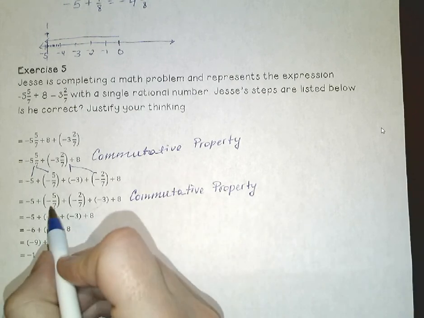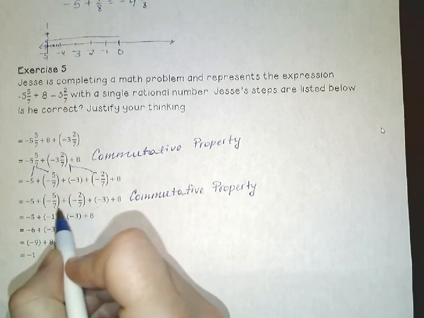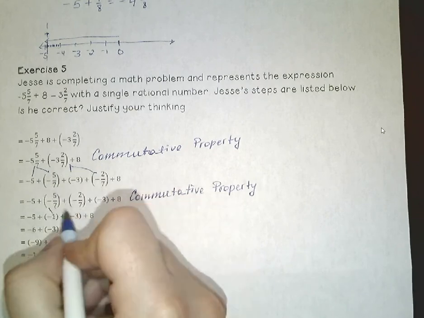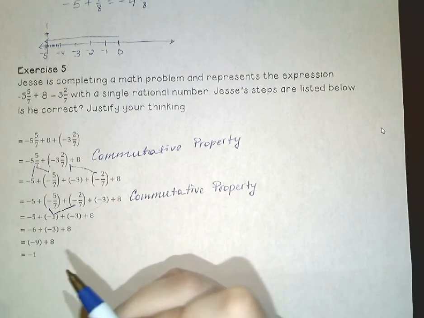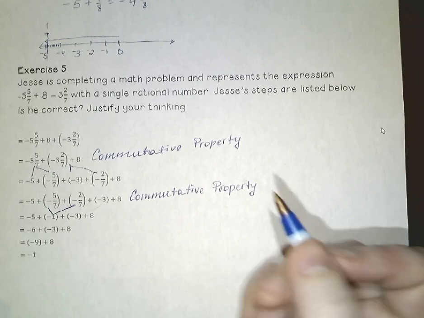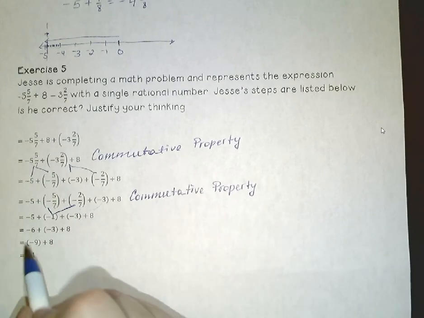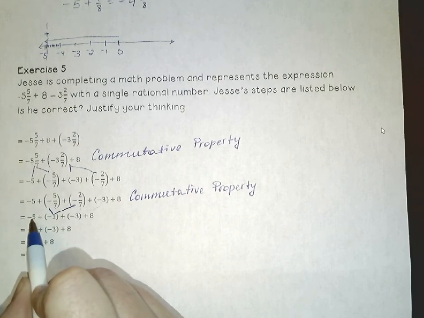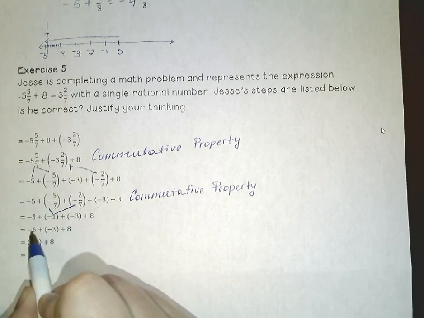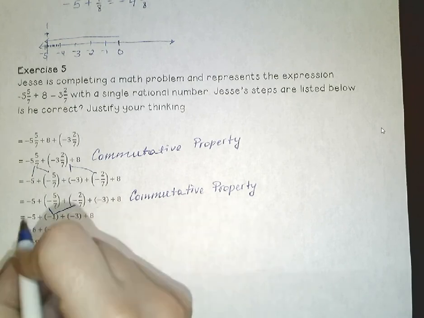So we have negative 5/7 plus negative 2/7 make negative 7/7, or negative 1, right? So far, so good. Now, the next step that he is doing is combining negative 5 and negative 1 to make negative 6. That works.